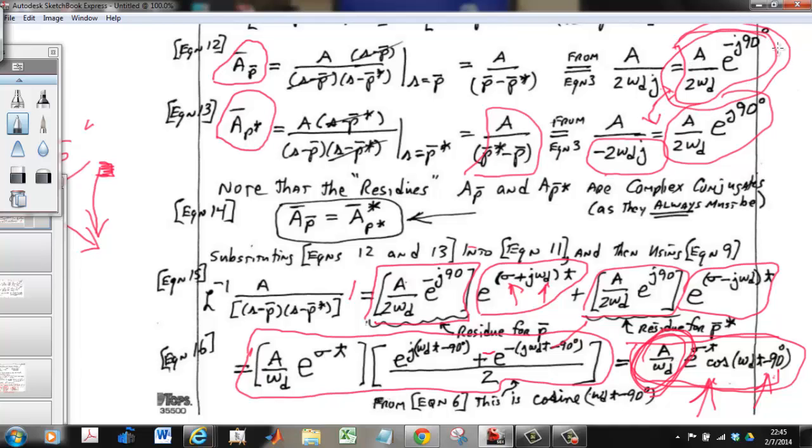So you take twice the residue of the pole P and the angle of the pole P, and then you have your cosine function with e to the sigma, the real part of the root, which determines how it decays, and omega d is the oscillation frequency on omega dt for the cosine function.